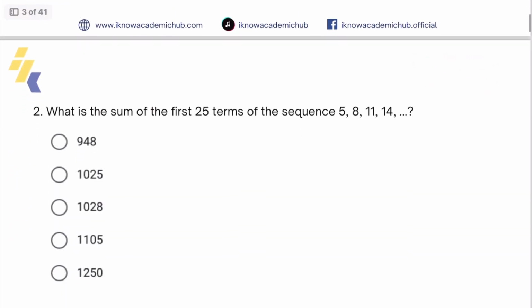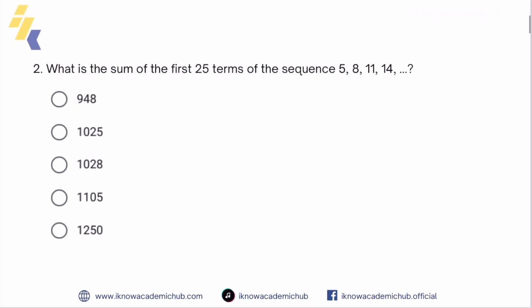Okay. Next problem. What is the sum of the first 25 terms of the sequence 5, 8, 11, and 14? Notice that we already identified this sequence as arithmetic sequence, and to get the sum of an arithmetic sequence, we have to use this formula: n times first plus nth term over 2.